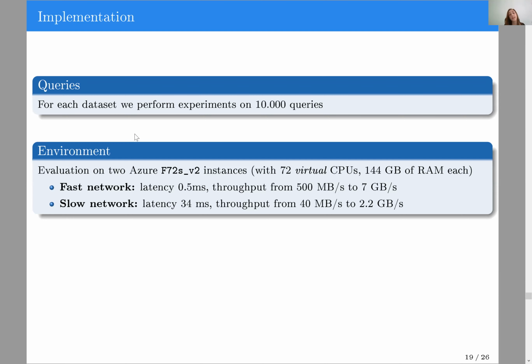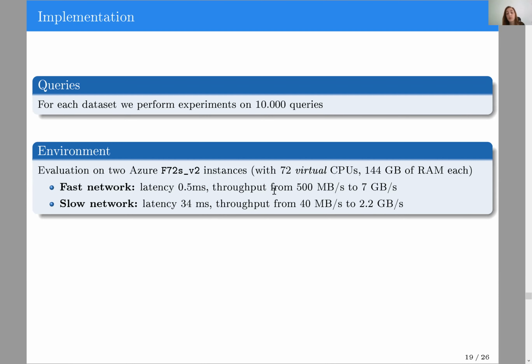For the fast network, we use 2 instances in the same West US availability zone, while for the slow network, we use one in the West US and the other in the East US. So the latency, of course, will change. In the fast network, we have 0.5 milliseconds of latency, while in the slow network, we have 34 milliseconds.